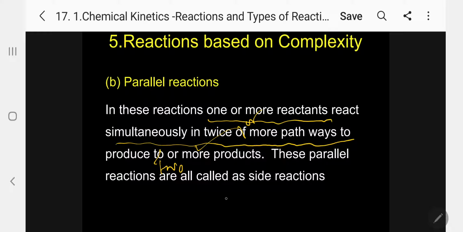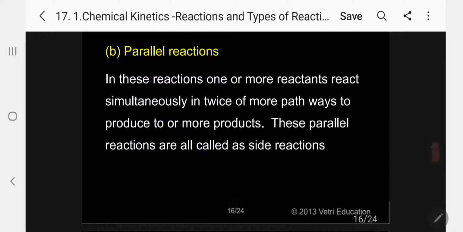These parallel reactions are called side reactions. Kindly follow. So a parallel reaction is also known as a side reaction.